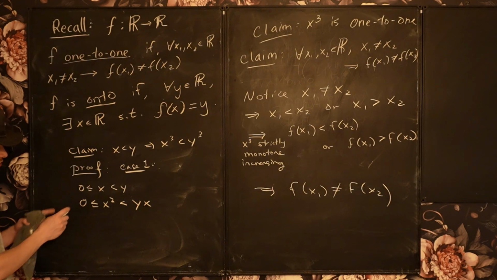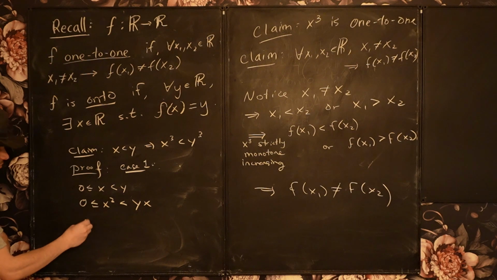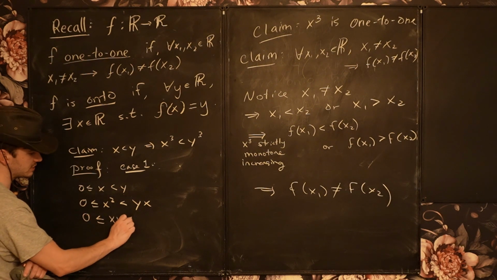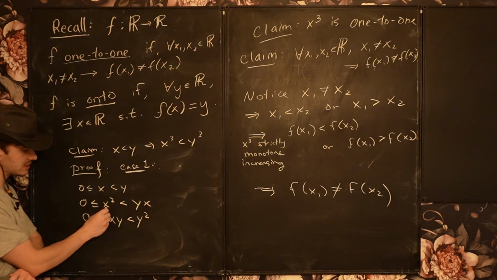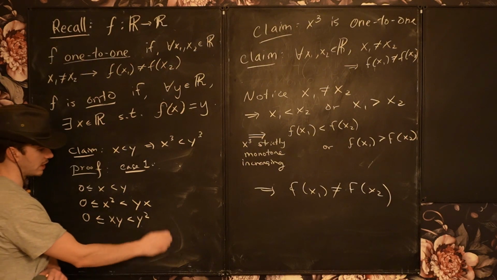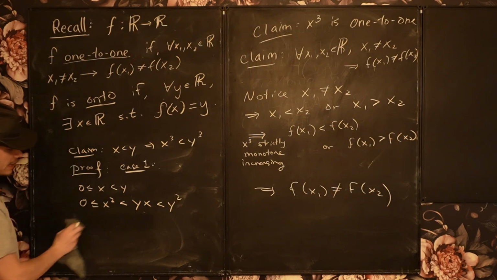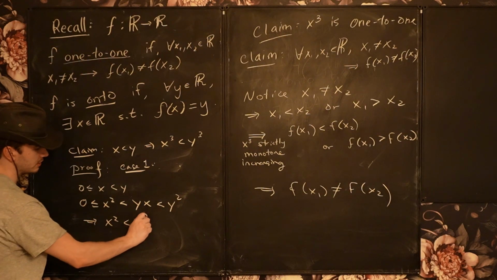Now, I can also start with this inequality and multiply it by y, because y is positive, so it'll preserve the inequality: 0 is less than or equal to xy, which is less than y squared. So x squared is less than yx, which is equal to xy, less than y squared. I get this chain of inequalities, and in particular, x squared is less than y squared.